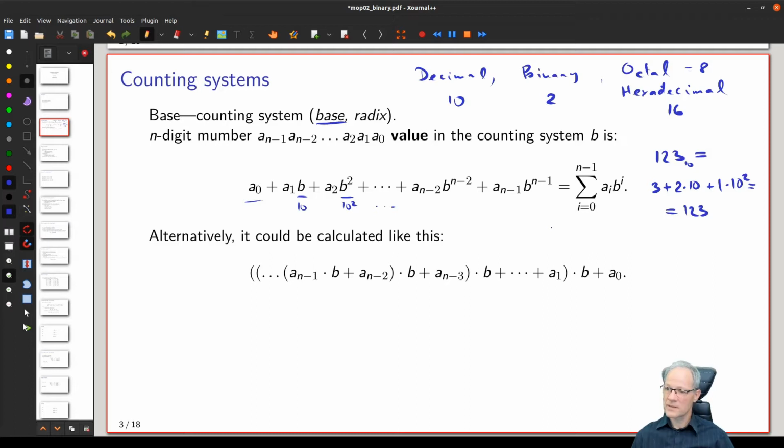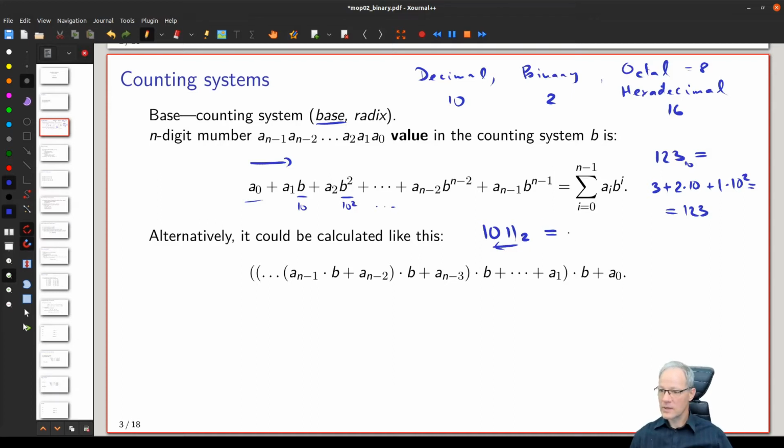Now, what if I write something in binary? Let me write something like 1011. So 1011 in the binary system, its value in the decimal system would be what? Again, I'm going to start from the least significant bit and go to the most significant bit, so the order is kind of the opposite in the formula.